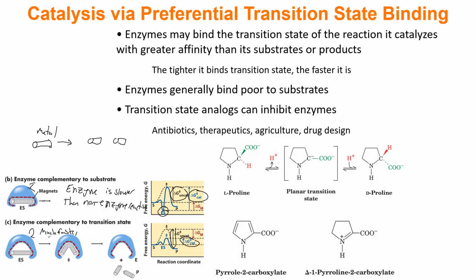So basically what this slide says in a nutshell is that enzymes bind kind of poorly to the substrates, but bind really well to the transition state. And this binding to the transition state lowers delta G double dagger, which speeds up the reaction. So any questions about that idea?